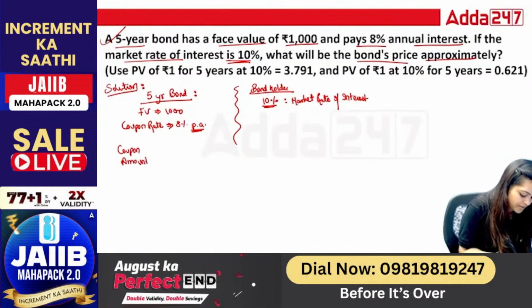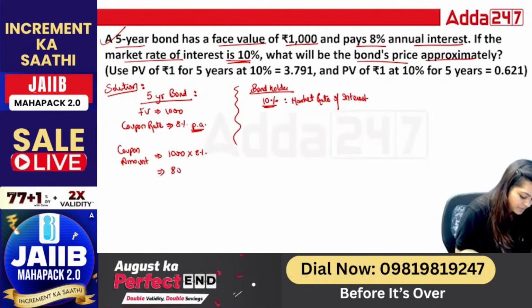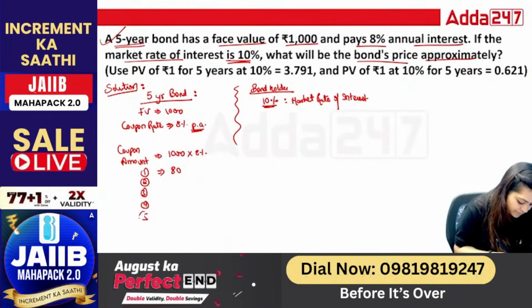So can you tell me the coupon amount now? Just use the previous question formula, 1000 into 8%, which is your 80. And for how many years will you receive? For 5 years. Means for the first year 80, second, third, fourth, fifth.